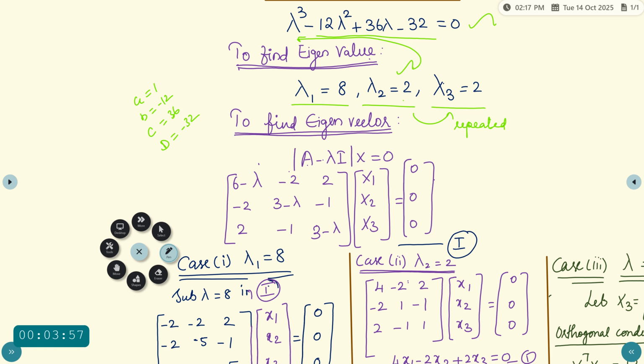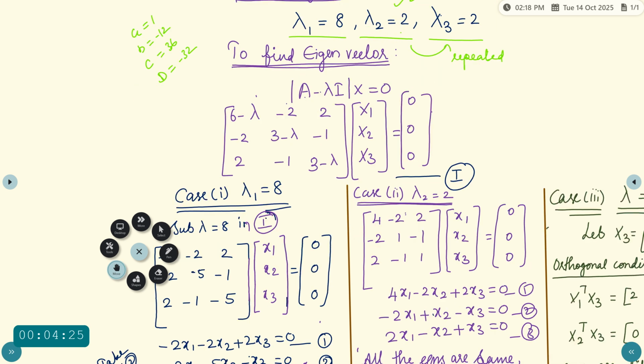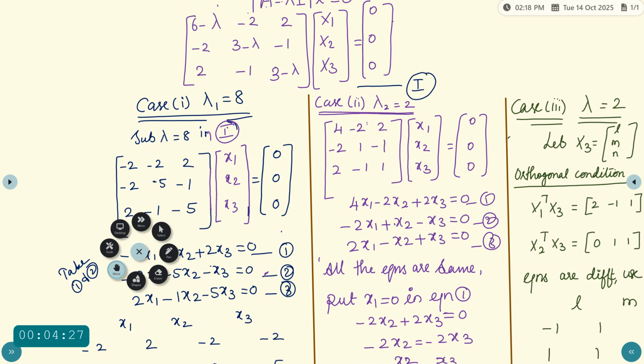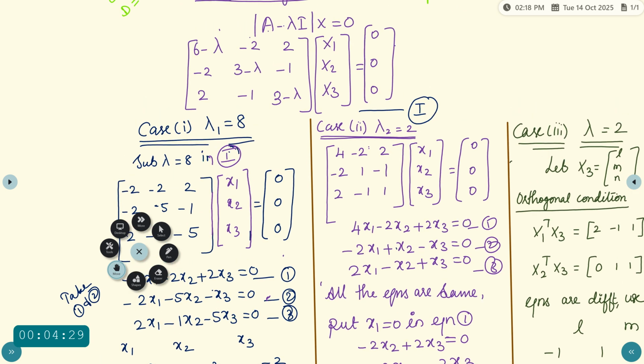Next, to find eigenvector: for each and every eigenvalue we have an eigenvector. Now we are going to perform 3 cases. For each and every eigenvalue, we get a different eigenvector. To find the eigenvector, the equation is modulus of A minus lambda I into x equal to 0.